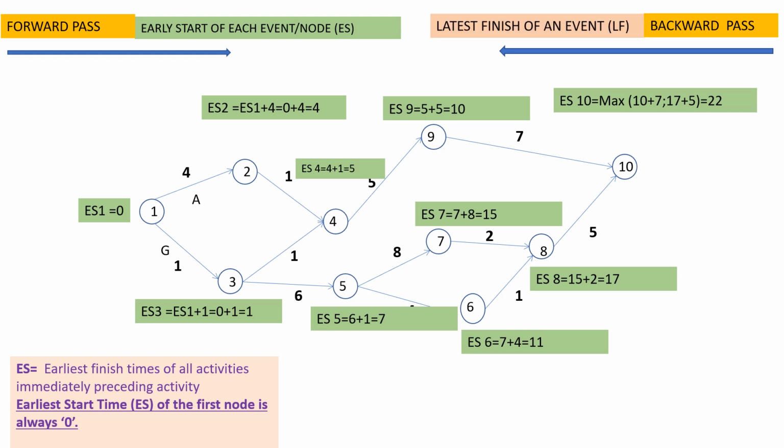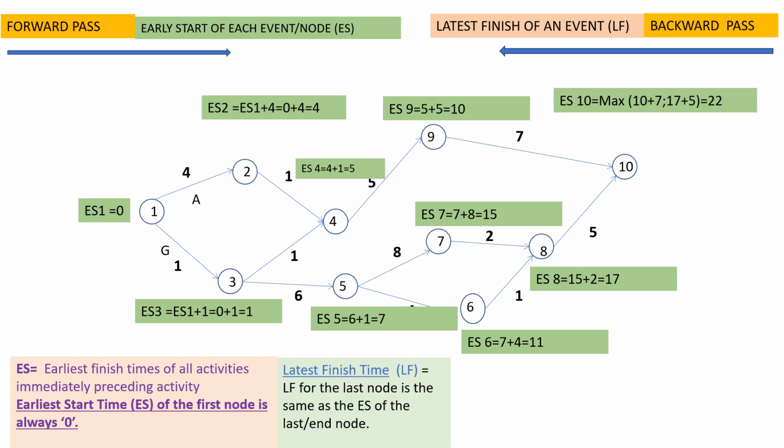In backward pass, we calculate latest finish of an event. So latest finish of the last node is the same as the early start of the last node. Therefore, latest finish of the 10th node, which is the last node of the network, is the same as the early start at that node, that is 22.